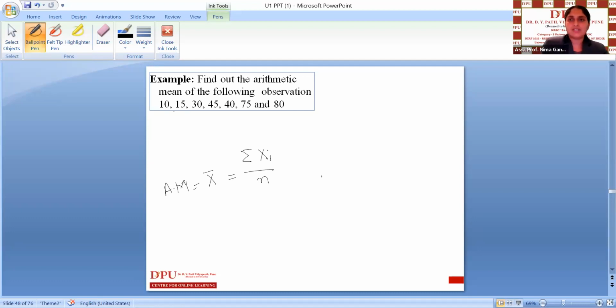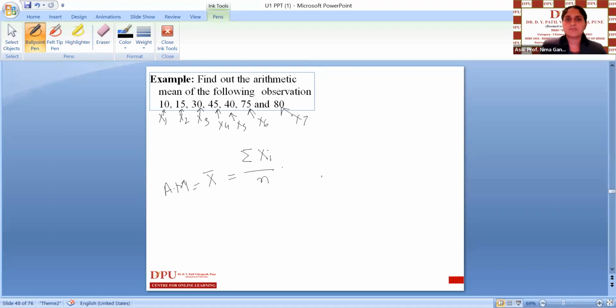When you have the observations given, we represent it like this: this is your x1, this is your x2, this is x3, this is x4, this is x5, this is x6, and this is x7. So you have 7 observations.